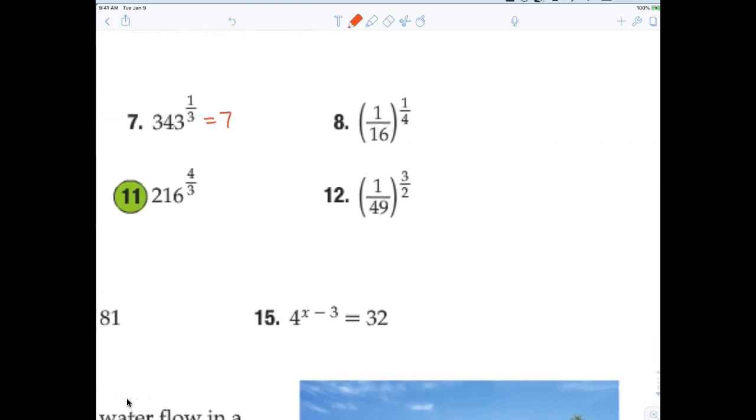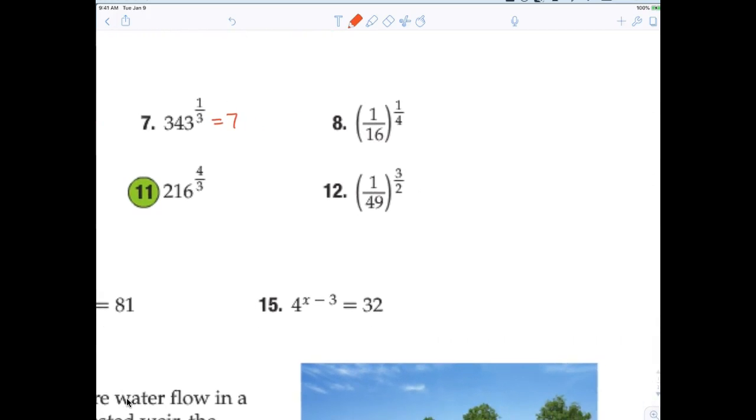Now, number 8. Can anybody tell me what that is without using a calculator? Is it 4? Nope. Hold on a second. No, I don't want you using a calculator. I want you to think about it.